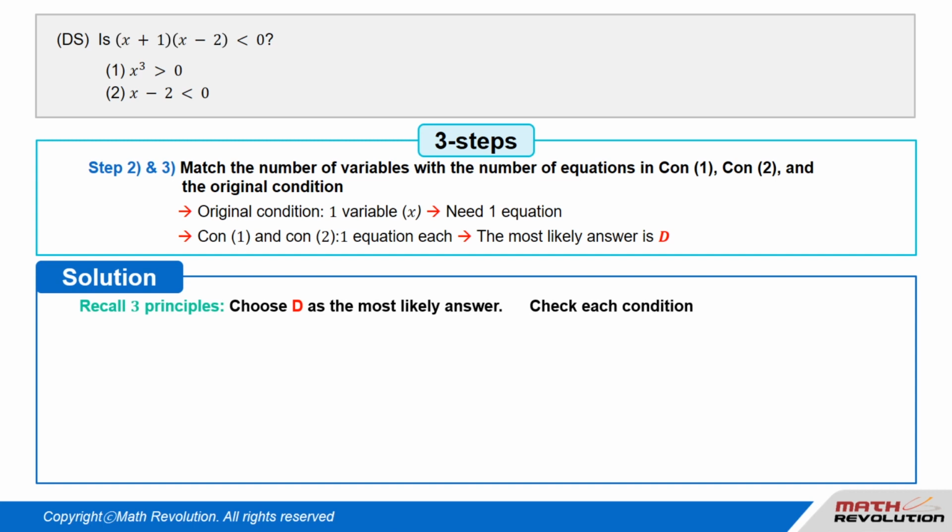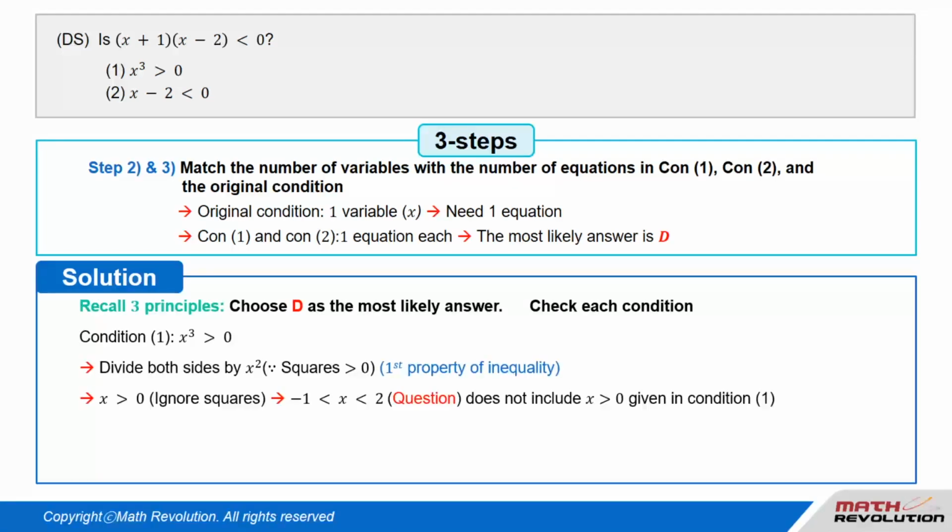Let us take a look at each condition. Condition 1 tells us that x cubed is greater than 0. This inequality can be rewritten as x is greater than 0 by dividing both sides of the inequality by x squared.